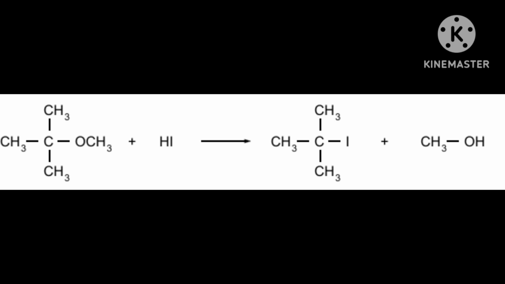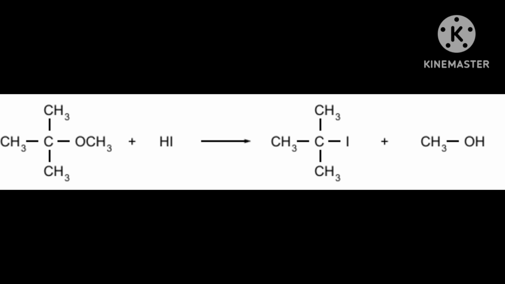As soon as the I bond forms, the bond between CH2 and OH breaks, and it goes as H2O, water. So if a second molecule of HI is there, it will form ethyl iodide plus H2O.